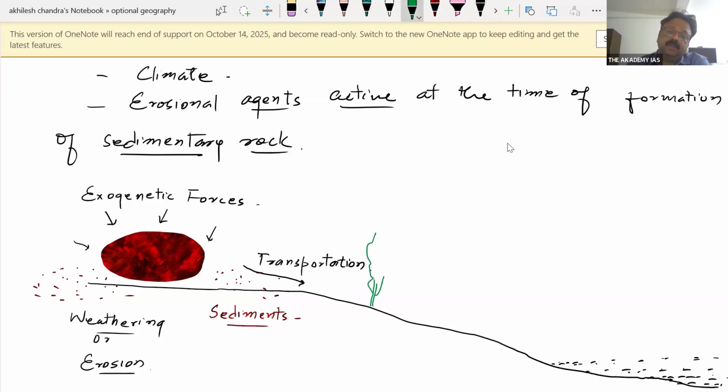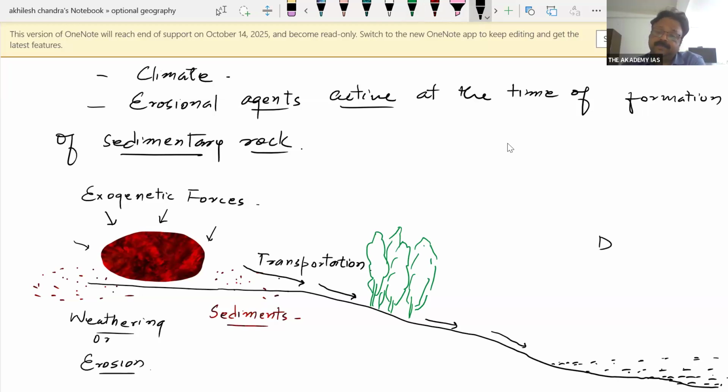And obviously, there will be vegetation cover, forest area through which this transportation takes place. Suppose that there is a flooded river, it will certainly take these vegetation with them. And ultimately, there is deposition that takes place. And these sediment get deposited over here.